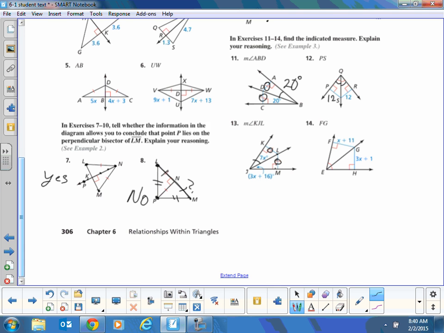So angle, you have to put 7x is equal to 3x plus 13. So x is 4. So KJL must equal 28 degrees.